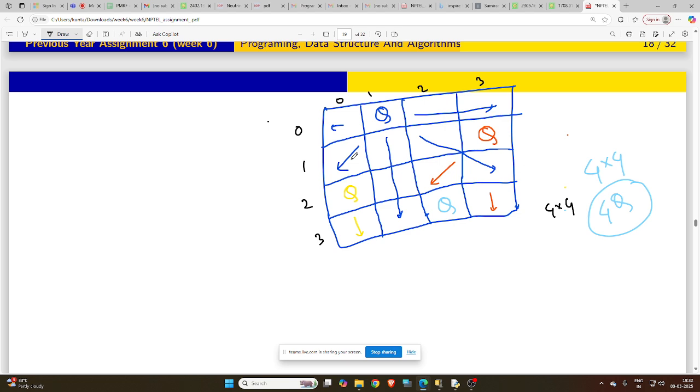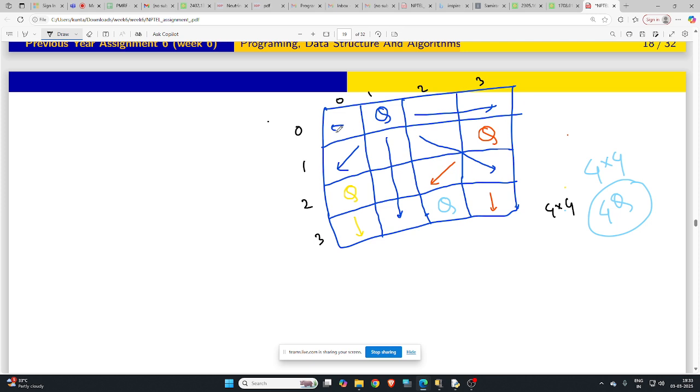This is nothing but the 0 0 position, 0 1 position, 0 2, 0 3 positions. By seeing the positions of these queens, we can see that each and every queen is positioned in a separate column and a separate row. In the zeroth column only one queen is present, in the first column one queen, in the second column another queen, in the third column another queen.